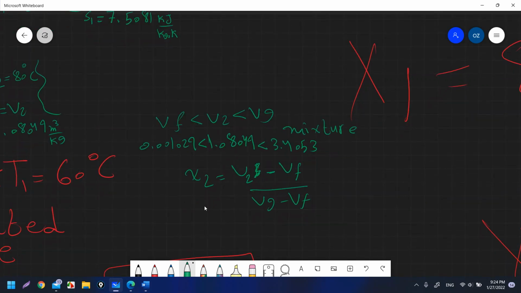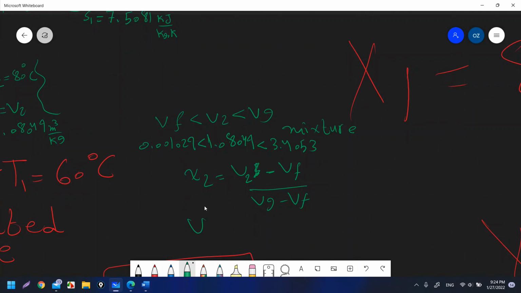That is the famous equation from advanced thermodynamics, and you usually write it like this: V2 is equal to Vf plus X Vfg, where Vfg is Vg minus Vf. You can also use it with any other property: U2 minus Uf over Ug minus Uf, equal to S2 minus Sf over Sg minus Sf.